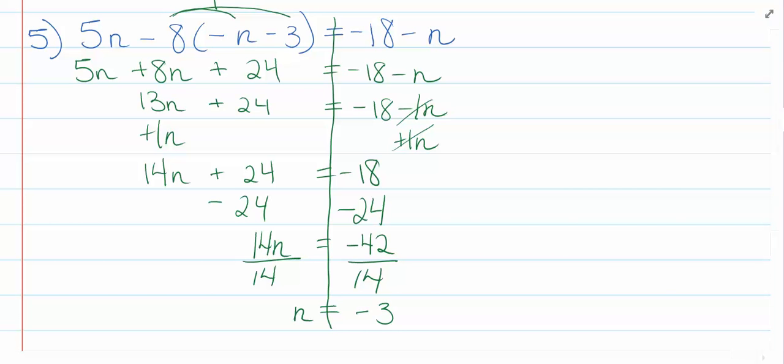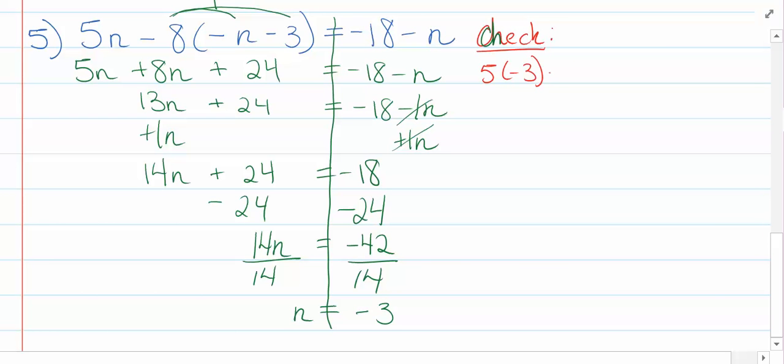I'm going to check my work, make sure that it is correct. So I have 5 times negative 3 minus 8. Now negative n, that's just going to make it a positive 3. So let's see, 3 minus 3. And I want to see, does that equal negative 18?